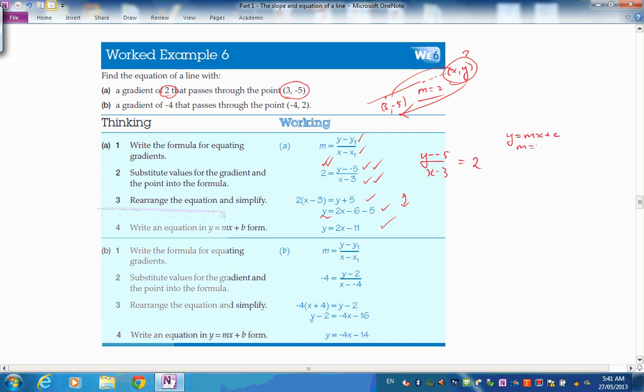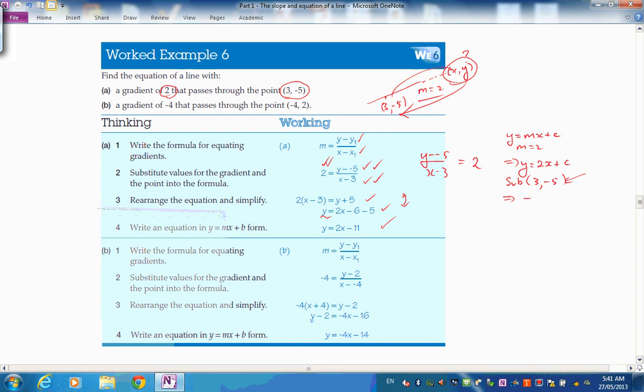M is 2, so that implies y equals 2x plus c. And now, can we find c? Yes, we could substitute in the point. If that point is on the line, then we know it must obey the rule. So we will use the known point on the line to backtrack and find the rule.